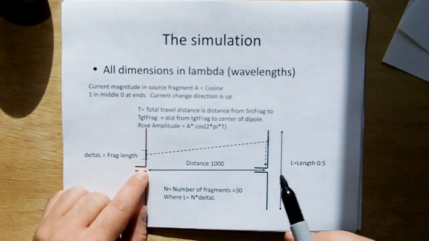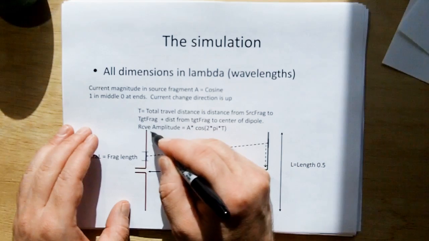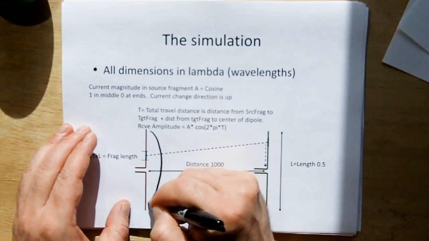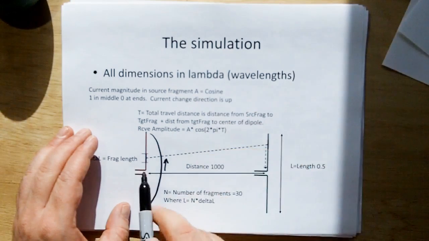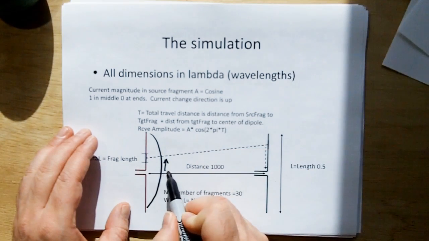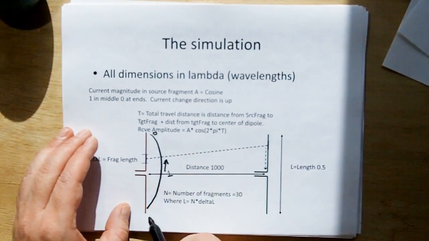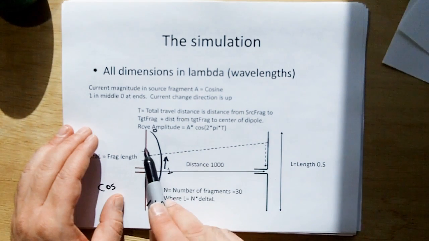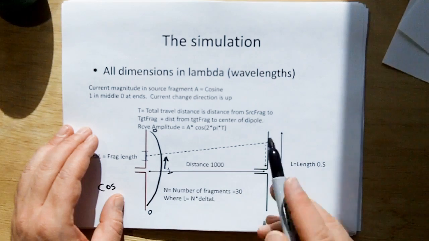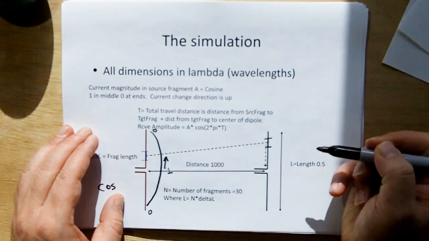Now in the source, I'm assuming a current standing wave, where the current goes this way, and the amplitude is 1 at the center of the dipole and 0 at the ends, following a cosine distribution. You compute the distance from each source fragment to each target fragment.